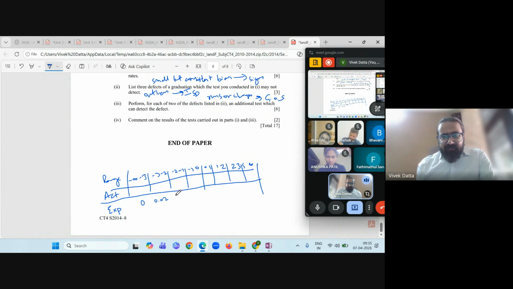Here 1.14%, so we'll have 0.14. Here we'll have 3.4, 3.4, 0.14. This will be 1.4, also 1.4, and this will be 0.2, because I multiplied it with 10. Clear? Now actual will depend on what we get.